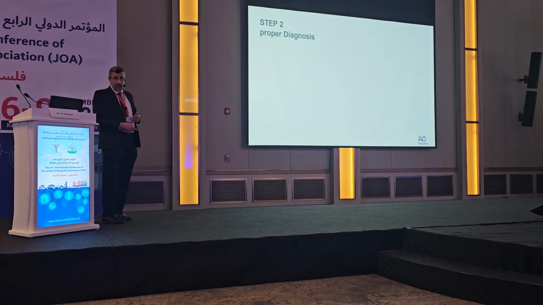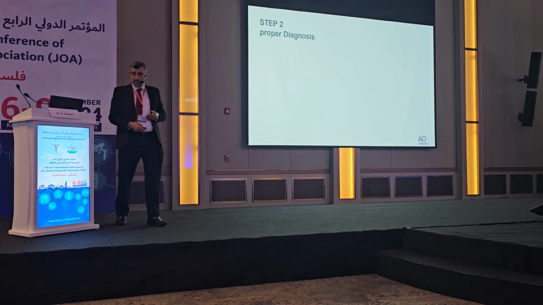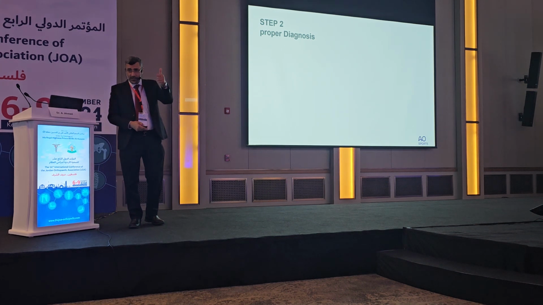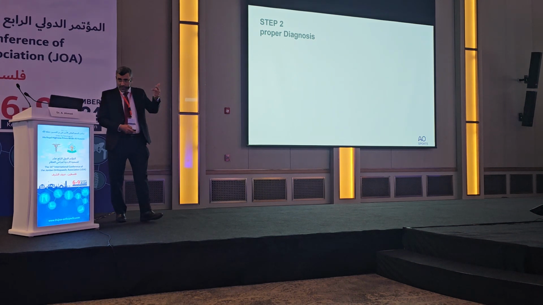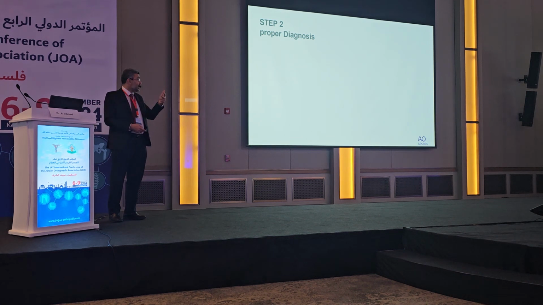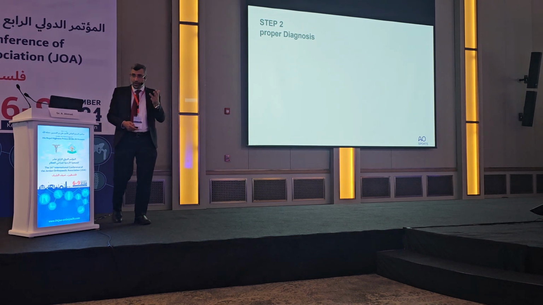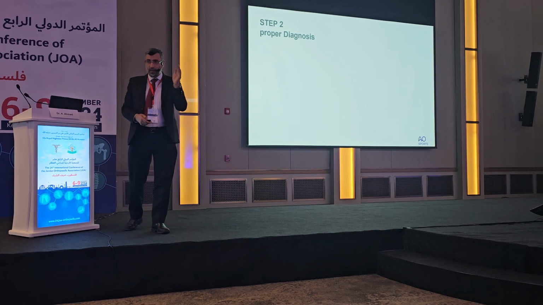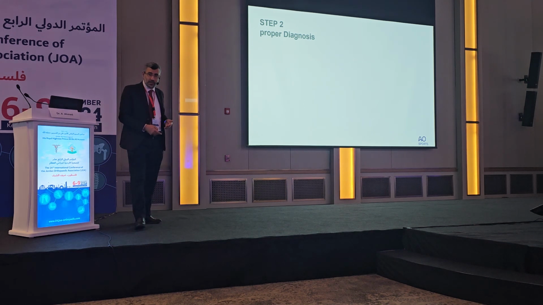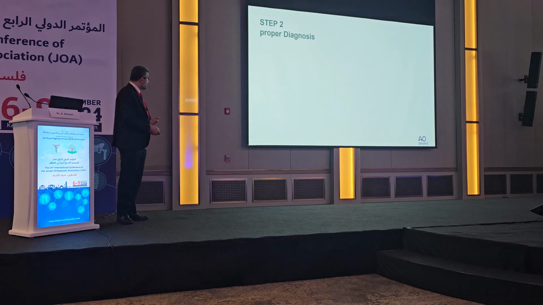Now, step 2, proper diagnosis. Dr. Ziad told us history, clinical examination, radiology, imaging, MRI, but we can add even stress views, and also, one important thing, EUA, examination under anesthesia, which will always add to your diagnosis.